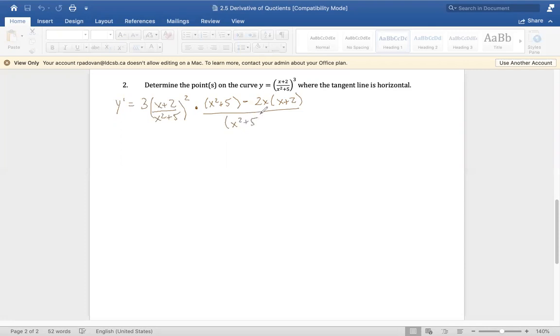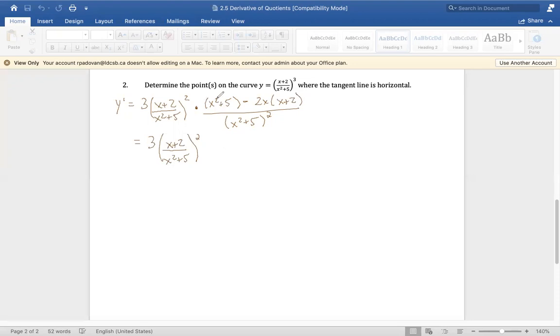And then we were saying, what would you do from here? So the first term here, I would just copy down again. So the 3 bracket x plus 2 as the numerator, x squared plus 5 as the denominator, and they're both squared, right? But can I do anything with the top?